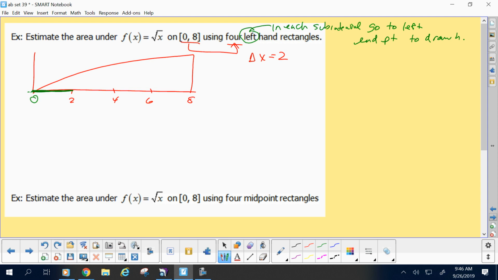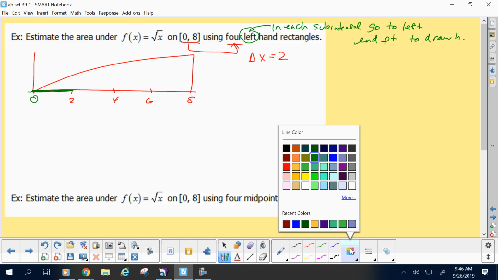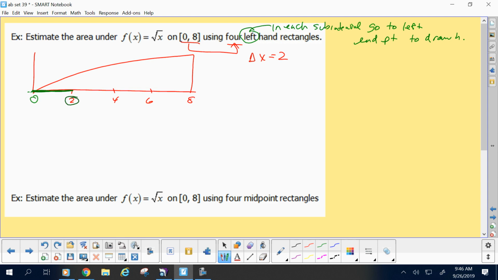From 2 to 4, I go to the left edge, and the left edge is 2. I go up to the curve, and when I draw the rectangle, do I go back this way into the 0 to 2 range, or this way to the 2 to 4 range? Right. So doesn't that mean the rectangle is now going to be below the curve? And therefore my area will now be less, or underestimating the true value, okay?